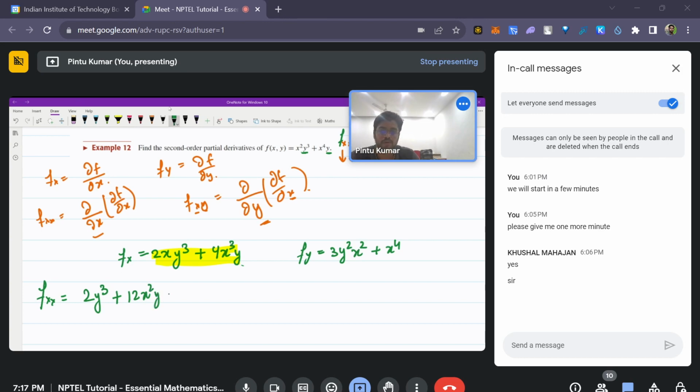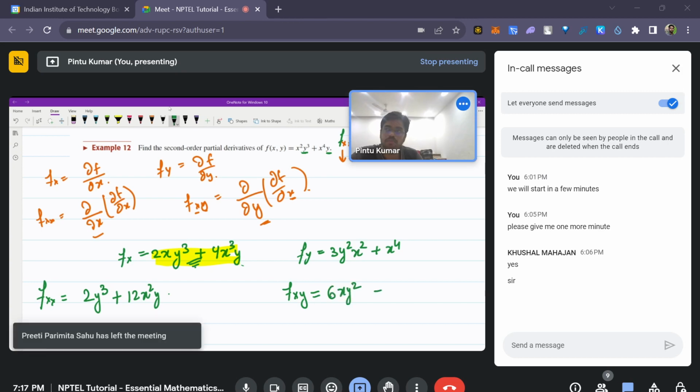Okay. Now let's calculate f of xy. So now we want to calculate the derivative of this thing with respect to y. What is it? This is 6xy square plus 4x cube. Okay.